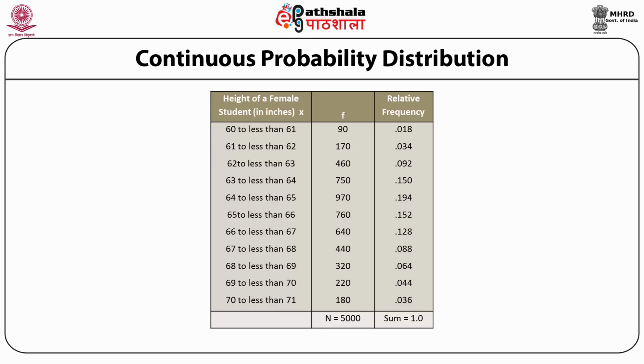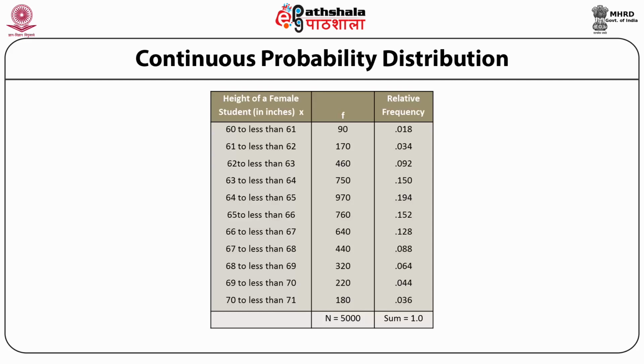Similarly, in the second figure, which depicts the probability distribution curve for heights, we take the polygon, we draw a curve, and of course both figures are similar. Here also midpoints are plotted, and on the x-axis 60 to 61, 61 to 62, and 62 to 63, and so on, values are taken.